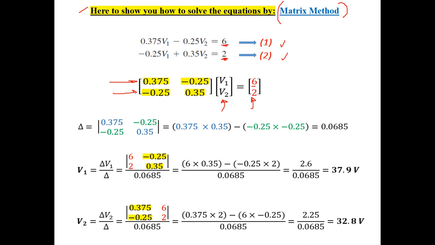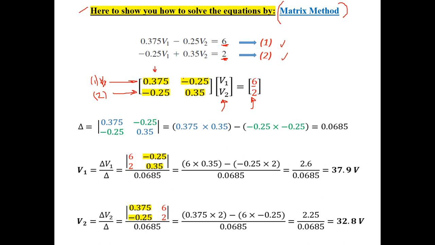Consider the first row for all the matrices corresponding to V1, corresponding to equation number 1. And the second row here corresponding to what? To equation number 2.